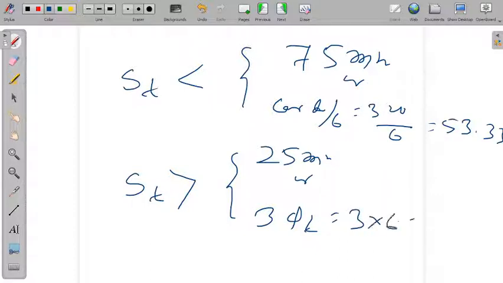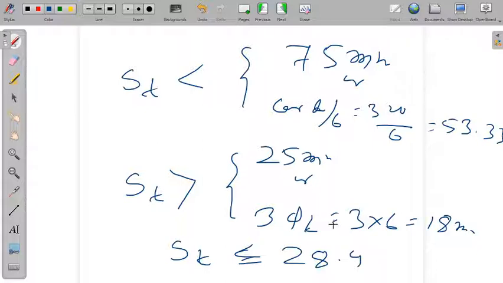We have used 6, so it must be greater than 25 mm. What was the spacing we got by calculation? That it must be less than 28.4. That means we have to provide a center to center spacing or pitch, whatever we say, less than 28.4 but greater than 25. So I can take anything in between. Let us say we are providing 28 mm.